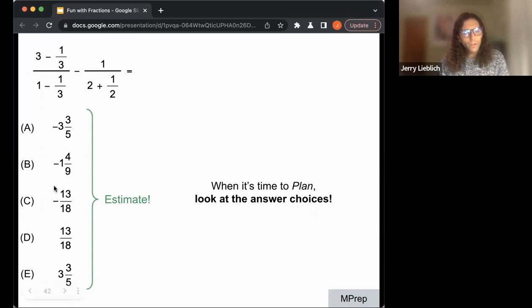All right, I want to know basically where am I going to fall here? So I've got 3 minus 1/3. So that's like 2 2/3 over 1 minus 1/3, so 2/3. Now this is less than 1, so this is going to be bigger than 2 2/3.